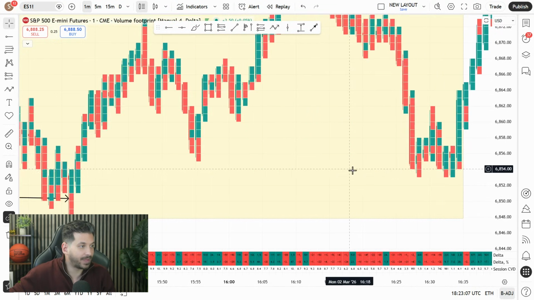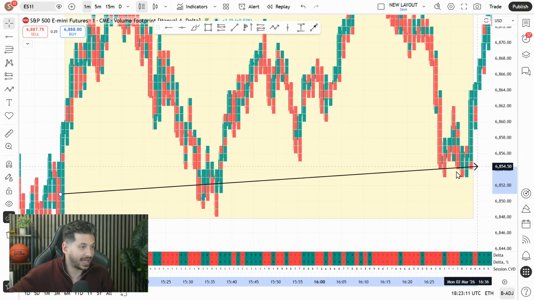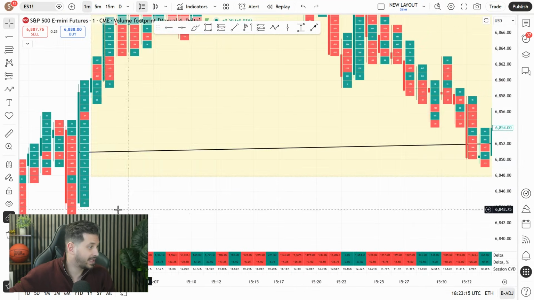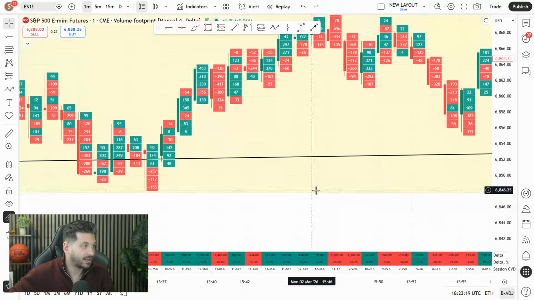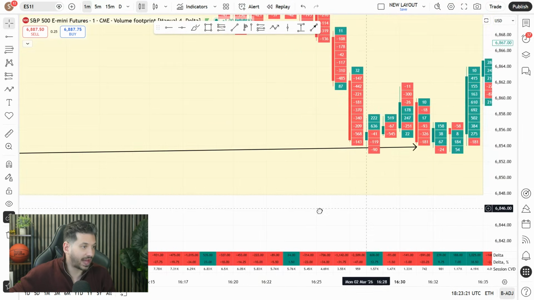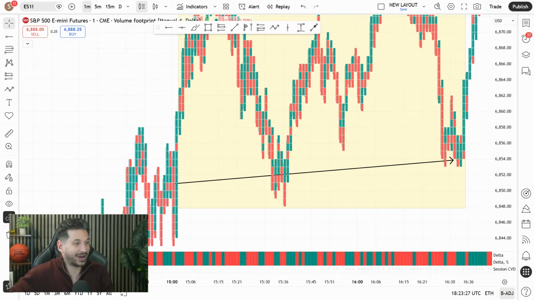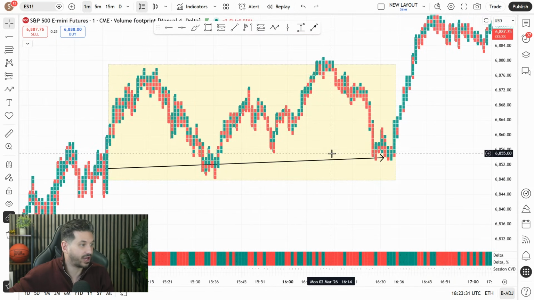So from where we started, all the way to here, pretty flat, we went from plus 15,550 to 1,000. That means 14,000 extra sellers came in this whole area.